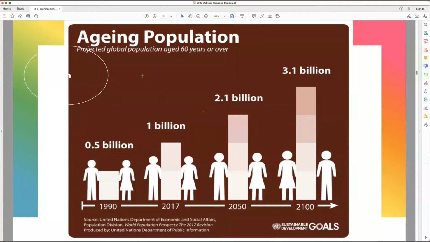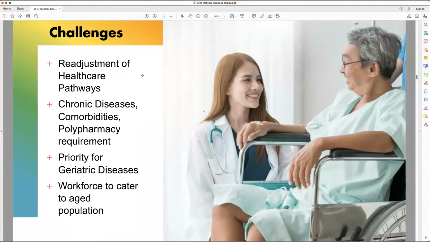For example, we have an increasing aging population, whether in India or in other parts of the world. We're starting to see more and more older people. How is that important for healthcare? It's important because healthcare normally is not oriented to servicing older people. It's more oriented towards the middle-aged and younger population. But now the health service has to be reoriented or readjusted to treat and manage older conditions.